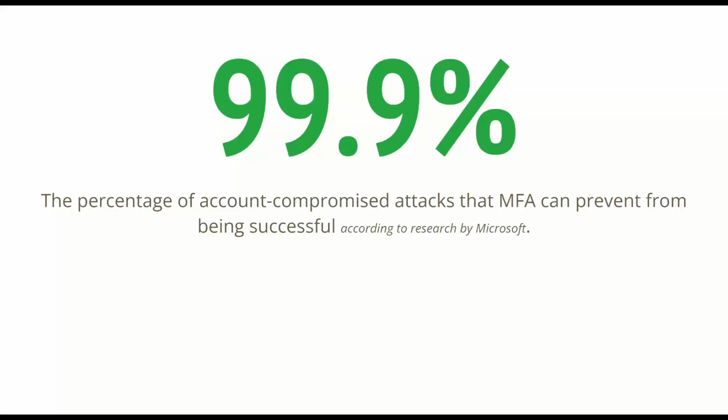So when we talk about MFA, MFA focuses on account compromise attacks, right? Meaning the username is known, your password is known, someone's actually trying to log in, and you want to stop it in process. You want to prevent that access. And Microsoft back in 2019 commissioned a study that found that the percentage of account compromise attacks that multi-factor authentication can prevent is 99.9%.